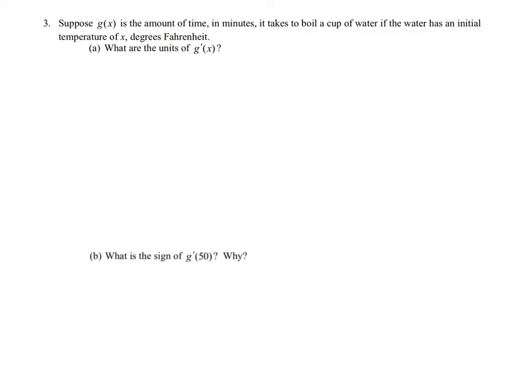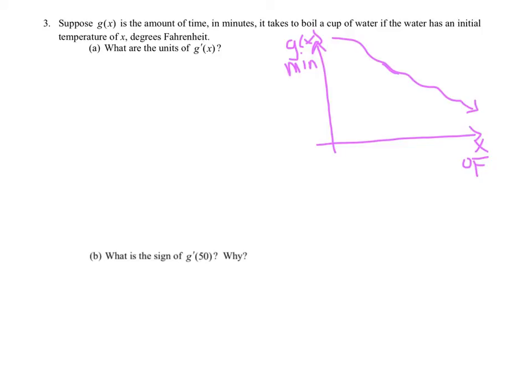If I just wanted to try to picture this function, where x is the initial temperature measured in degrees Fahrenheit, and g of x is the amount of time in minutes it takes to boil, I'm going to think that the function looks something like this, perhaps. I'm thinking the warmer the initial temperature is, the less time it's going to take to boil that cup of water.